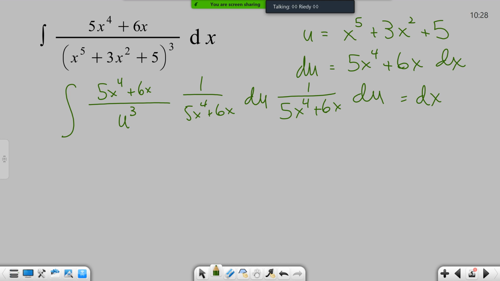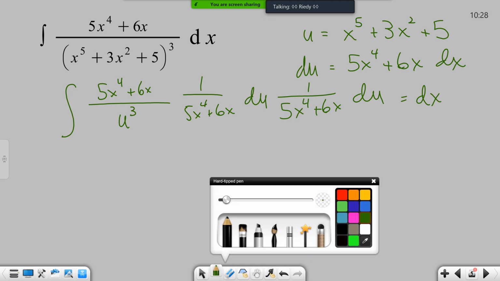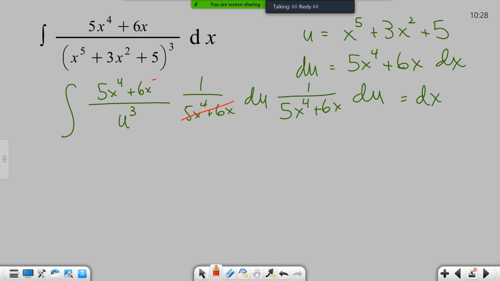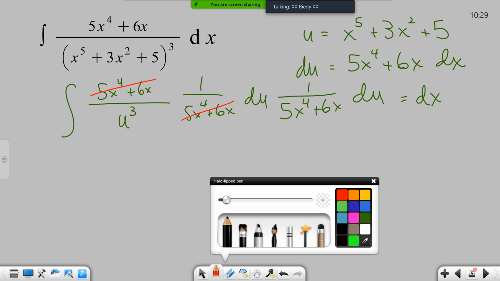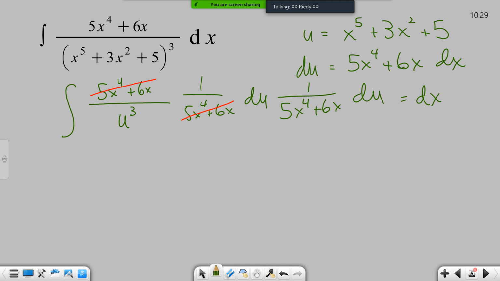As you get better at this, you're not going to need to do this step. You'll be able to go from there right to the integral of u to the negative 3 du.